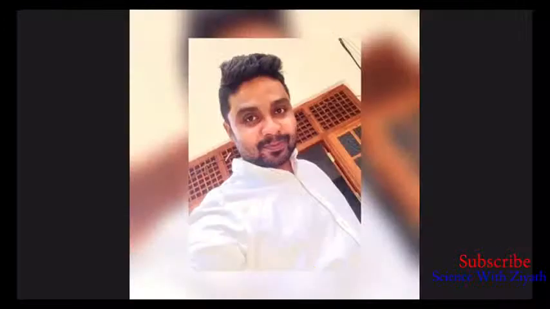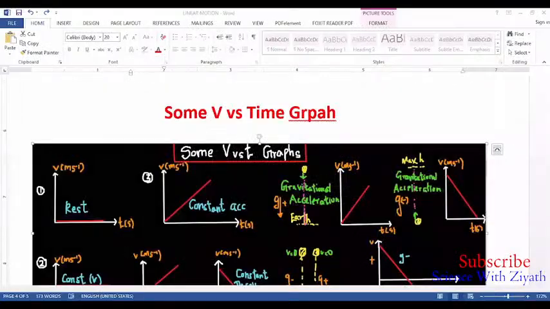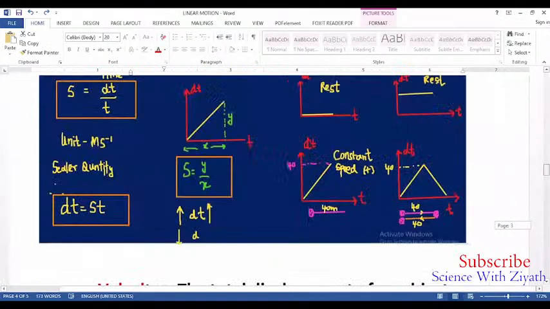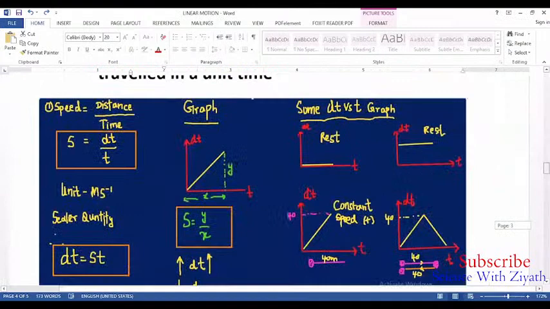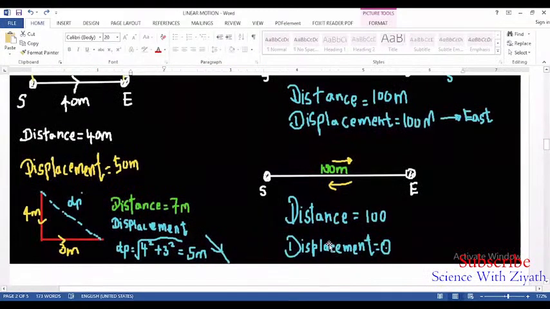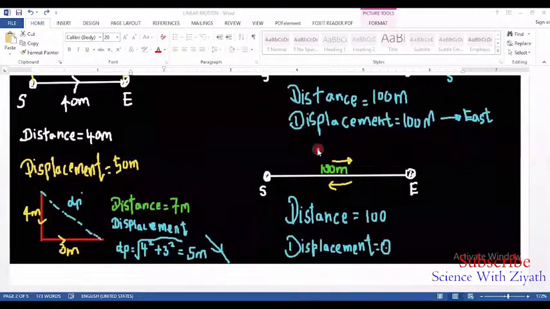Look at this yellow color now. An object is moving to the right side here, moving right 100 meters and reaching the ending point. Again, it's coming back to the starting point here.